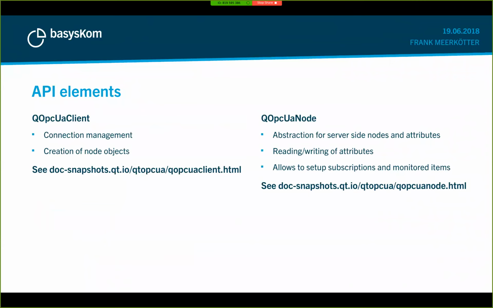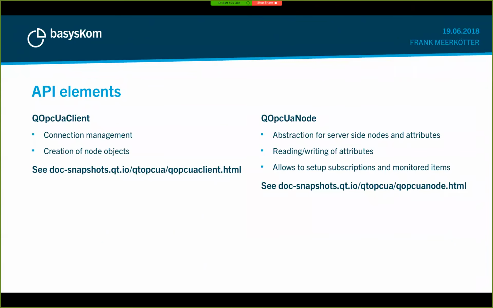So to that end, we created an API, and we had the idea to have something simple and easy to use. So we boiled it down to two basic API elements, which I now introduce because I will use them in my live coding session also. The Qt OPC UA client, which is basically an abstraction for the session service, which does connection management and also allows to create node objects.